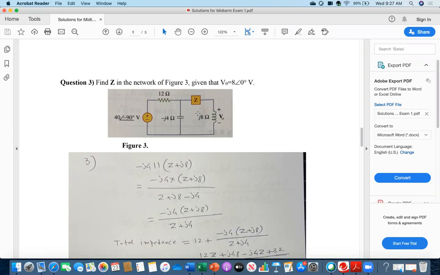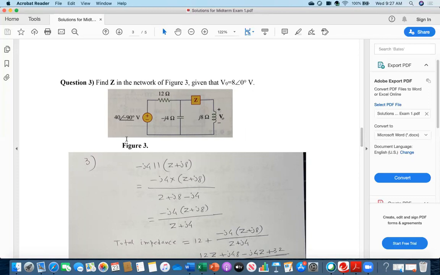So to know that, what I did, I first made the equivalent impedance for this circuit. You see, that J is in series with J8, and that combination is in parallel with minus J4, and that whole combination is in series with 12 ohm. That is your total impedance, or the equivalent impedance. And then you find out the current. What is the total current?